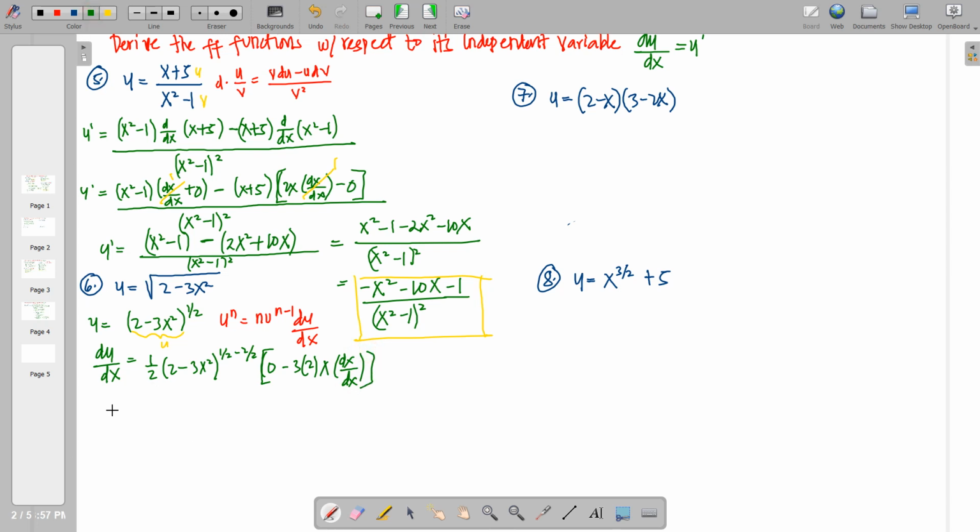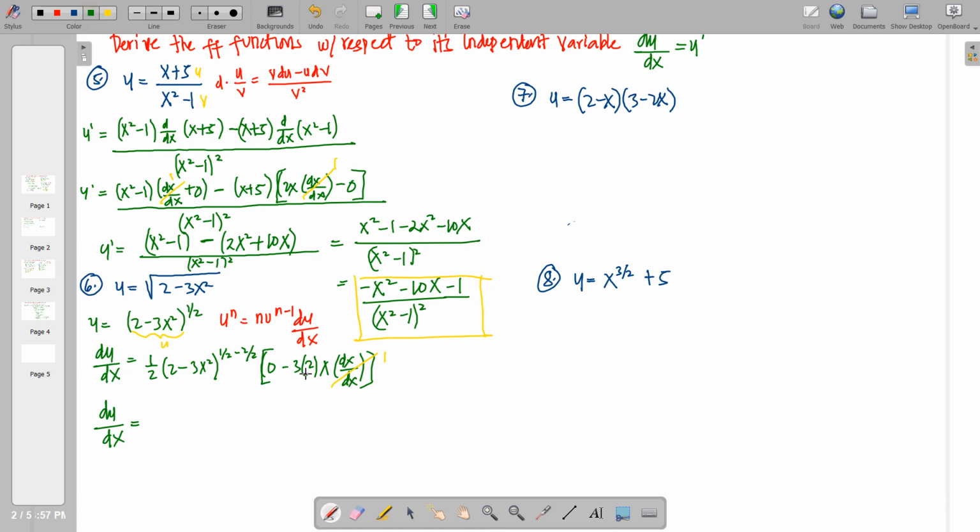Hence we have here dy over dx is equal to negative 6x all over 2.